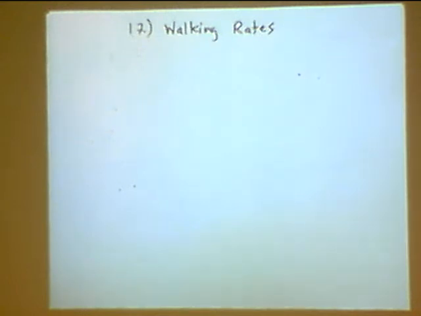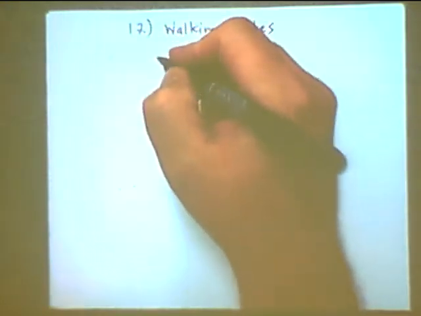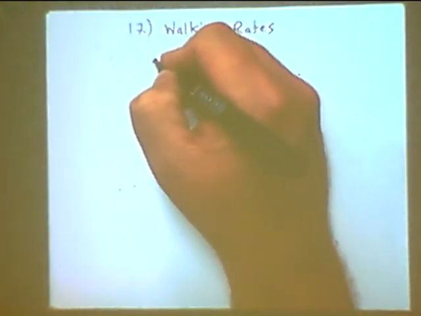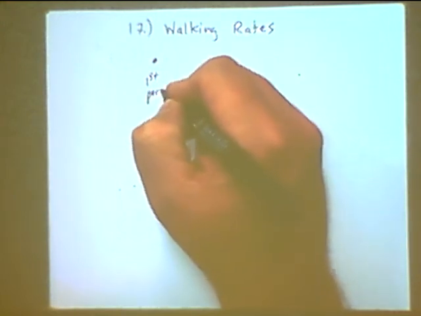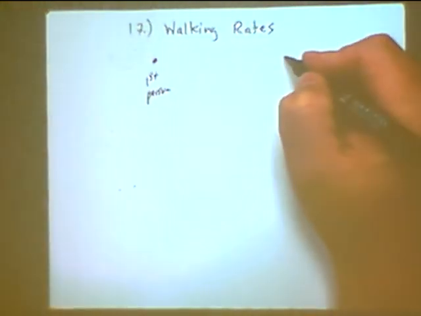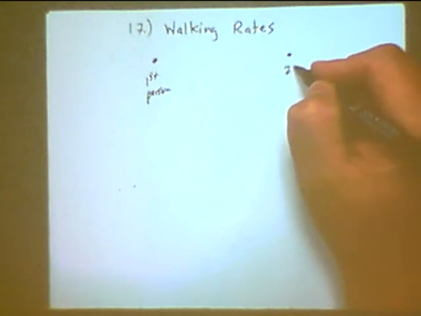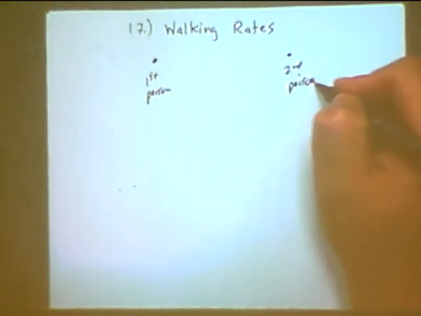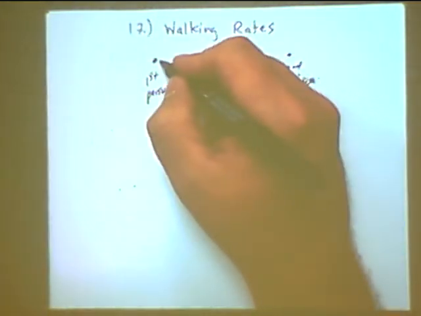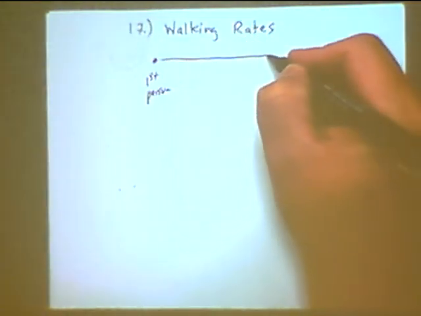So I'm going to go ahead and for myself draw a little diagram. If this dot represents the first person, and this dot represents the second person, and they end up walking toward each other.